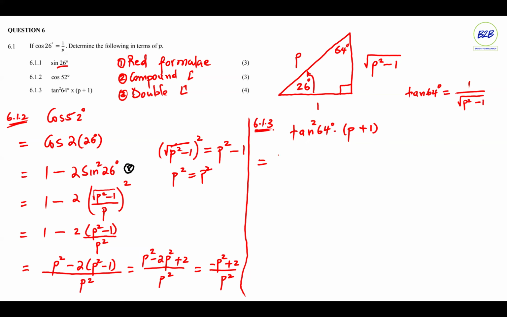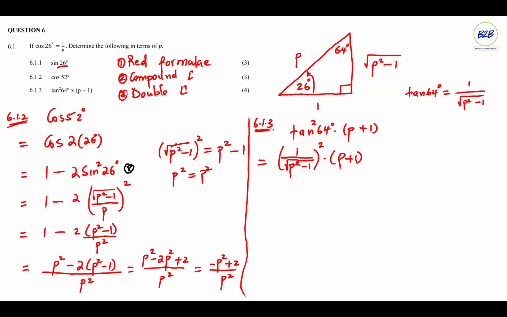So we will then substitute here, in the place of tan 64, by 1 over the square root of p squared minus 1. And then we say all squared times p plus 1.